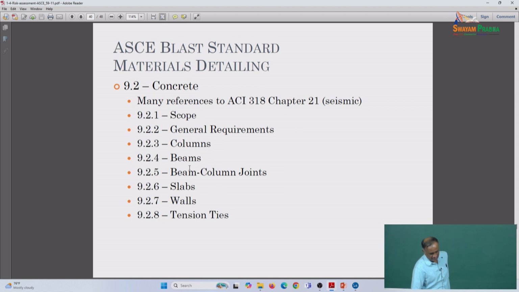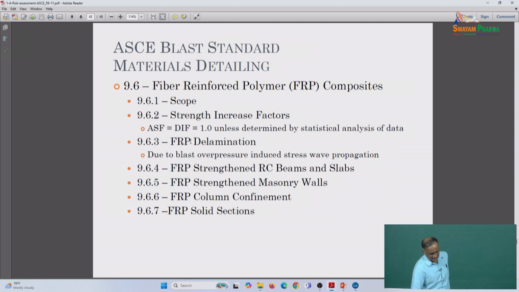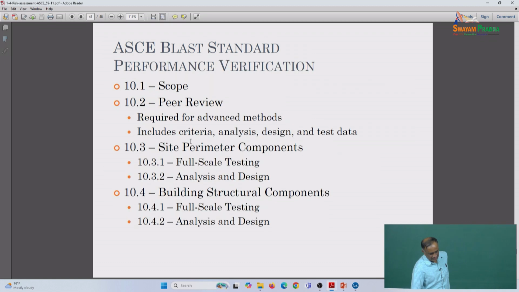It's got chapter 21 on codes on concrete, steel and composites, masonries, fiber reinforced composites. If I open this up, you'll see there are some equations of course, but not a whole lot of equations. We will look at some of these. So it's more about specific limits and things like that.